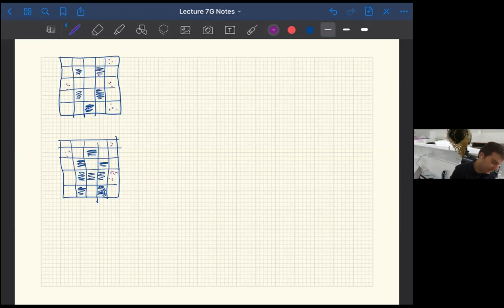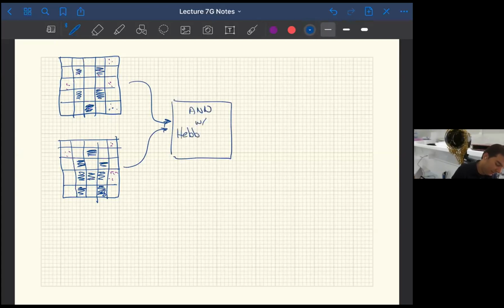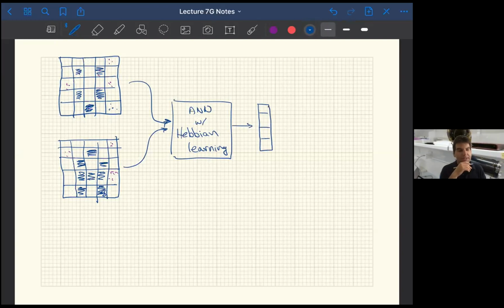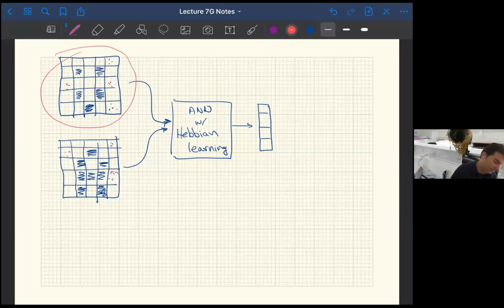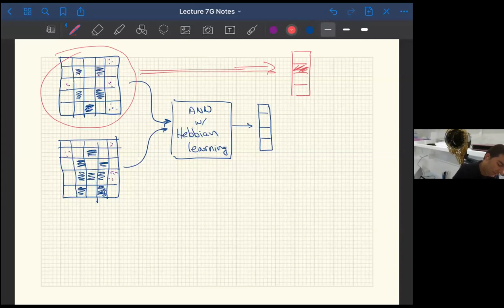And so if you're running these in as inputs to one of these ANNs with Hebbian learning, and your output is maybe just 4 neurons, then over time, whenever you give it a pattern that looks like the top one, even if it's a slight variant of that pattern, you might end up seeing an output that looks, let's say, like this.